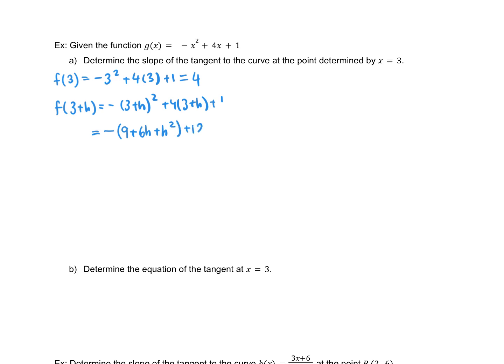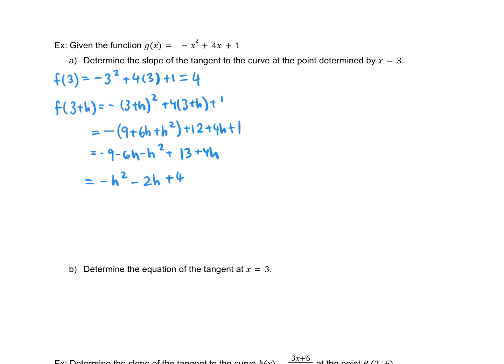Distribute the 4 in, so plus 12 plus 4h plus 1. Distribute that negative in, negative 9 minus 6h minus h squared plus, well, that's 13 plus 4h. And finally, I have negative h squared, I have negative 2h, and I have plus 4.